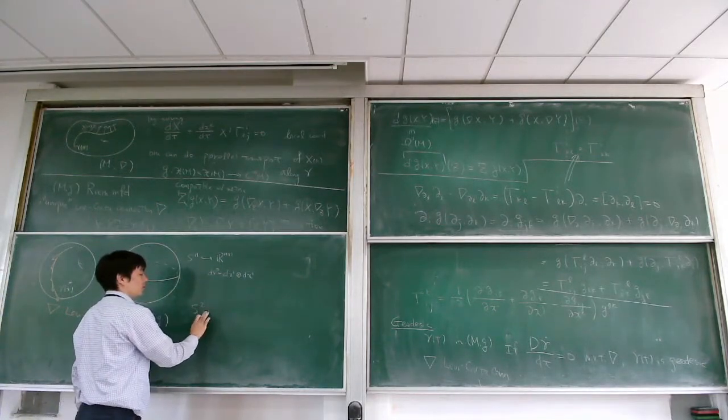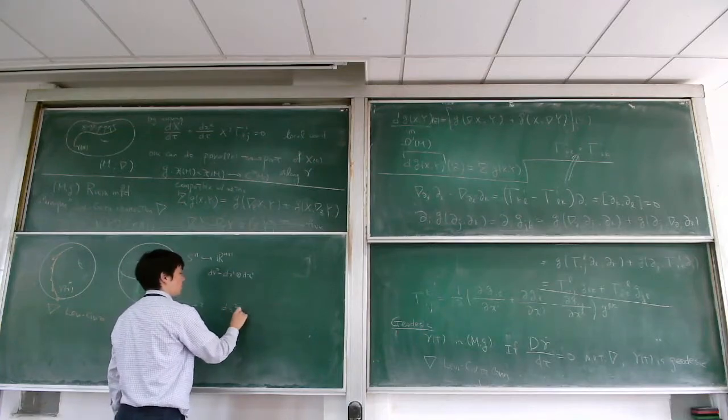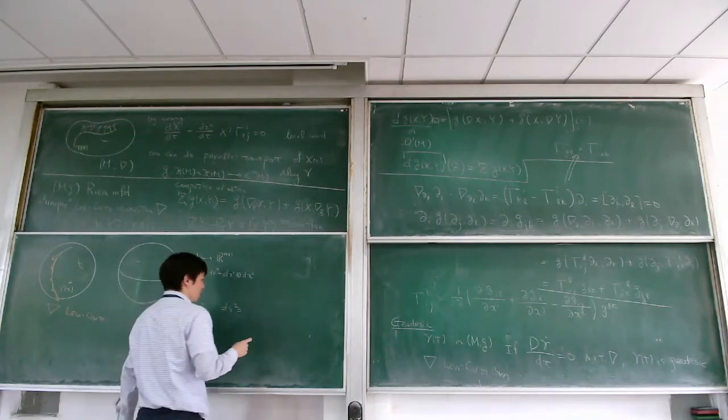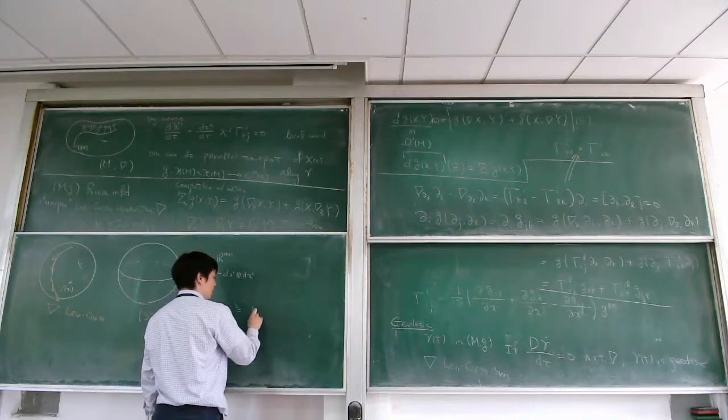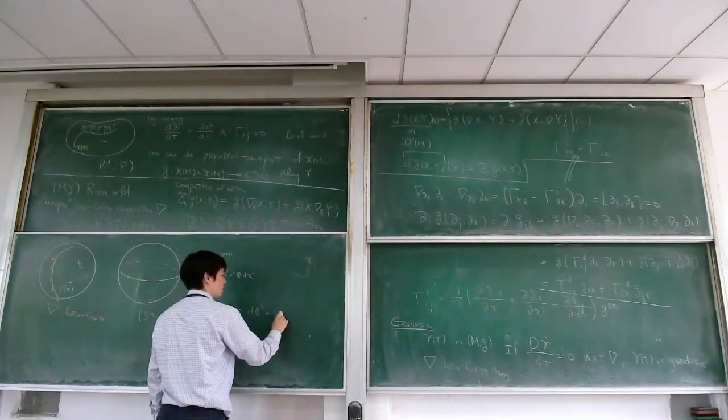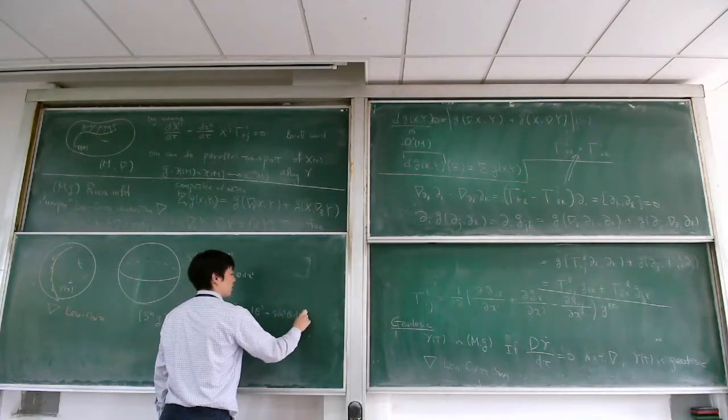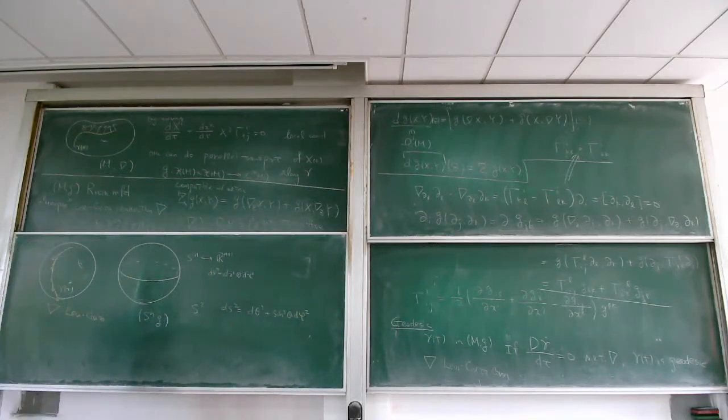For S2, for instance, ds squared is as Van Hal has written last time, in local coordinates, the polar coordinates, like this. Am I correct? R equals 1, yes. So this is the standard S2 metric, the pullback of the Euclidean metric.